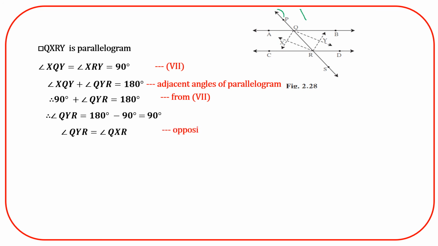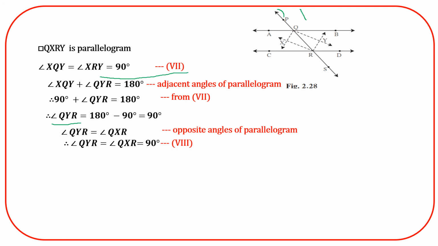Write down the reason: opposite angles of a parallelogram. QYR is equal to 90 degrees, therefore QXR is also 90 degrees. Therefore QYR is equal to QXR is equal to 90 degrees. This is statement number 8.